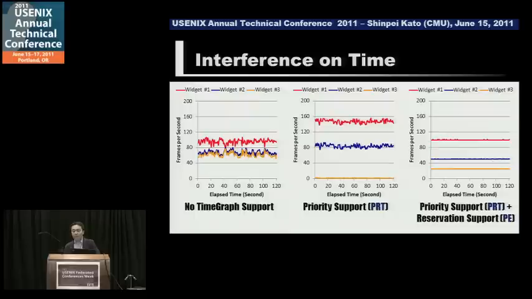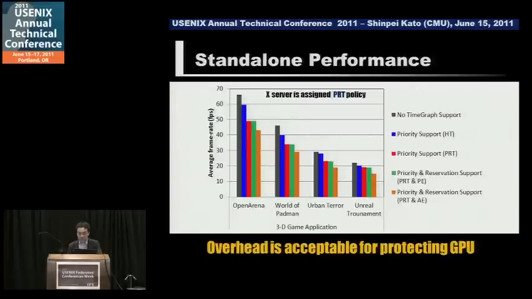Instead, with the reservation support of TimeGraph, if you assign the GPU resources of these tasks correctly, then you can make them execute at the desired rate from the perspective of the systems designer, very stably over time. So if you use the reservation, then you can provide very stable execution for the GPU applications.